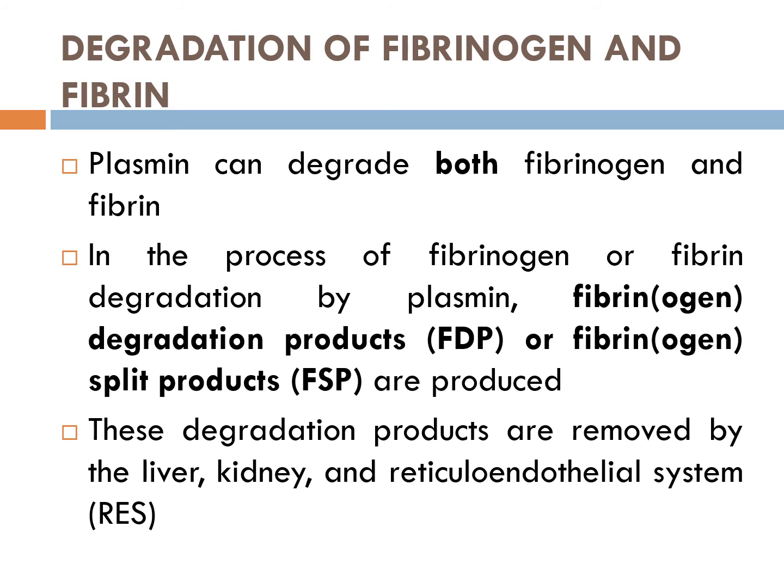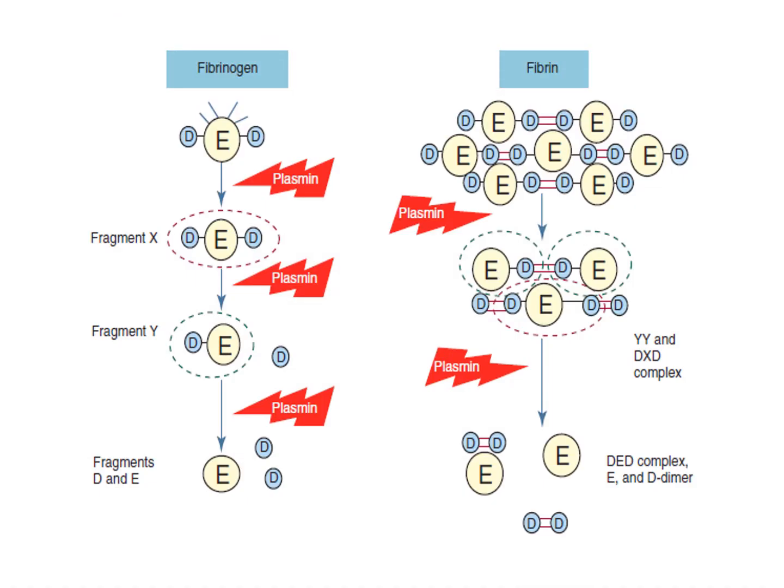They are produced when plasmin degrades the fibrin or fibrinogen. These degradation products are removed by the liver, kidney, and our RES, or the reticuloendothelial system. So again, this is an illustration showing how plasmin degrades our fibrinogen and fibrin, resulting in the production of the fibrinogen or fibrin degradation products.